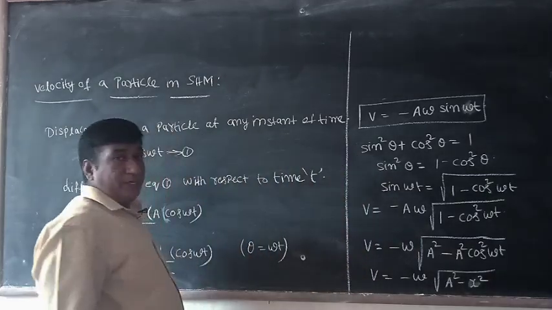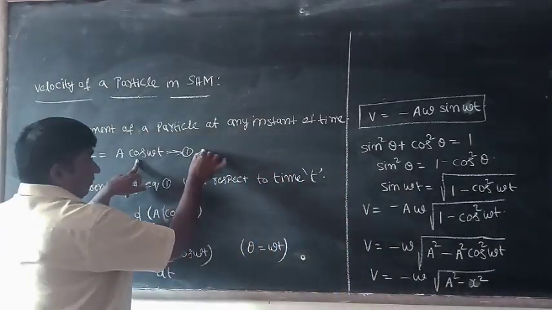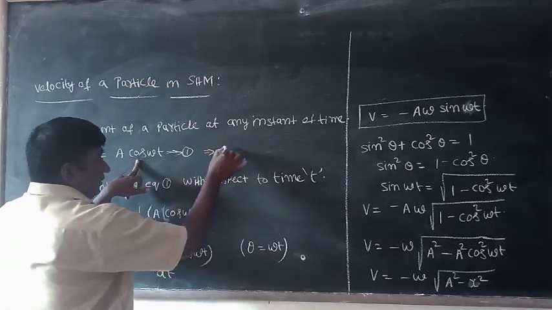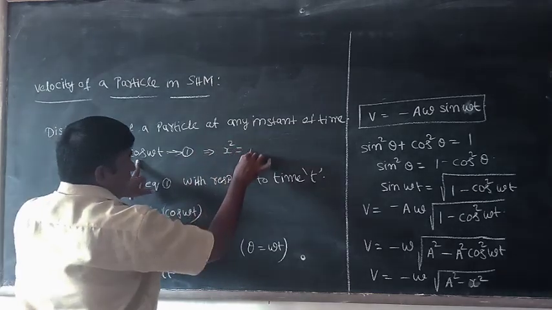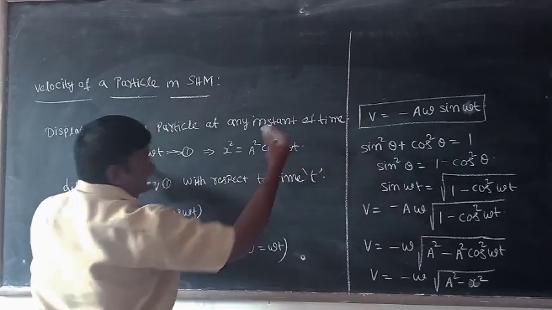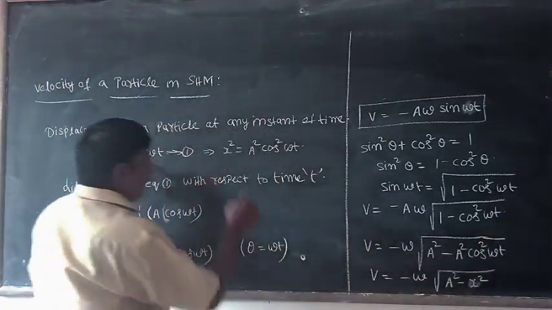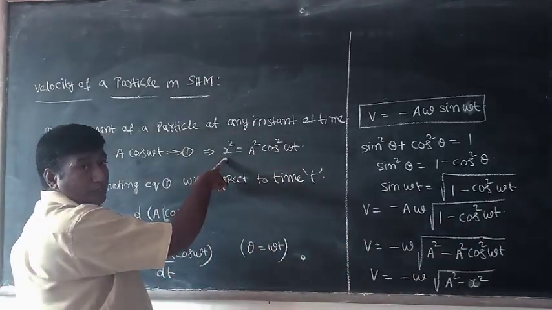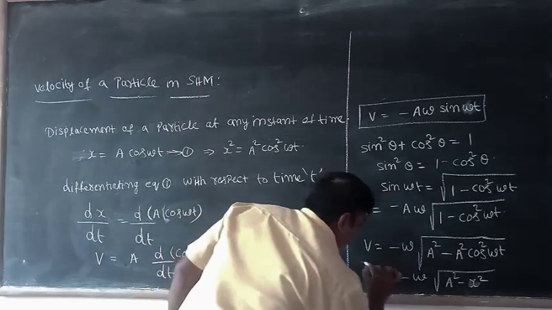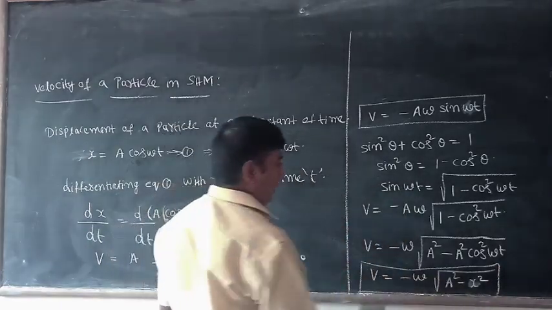How do we get this? Squaring both sides, x square equals a square cos square omega t. With the help of this, a square cos square omega t is x square. So we have obtained the velocity in two ways, which we can represent here.